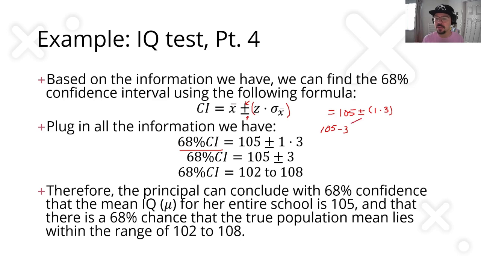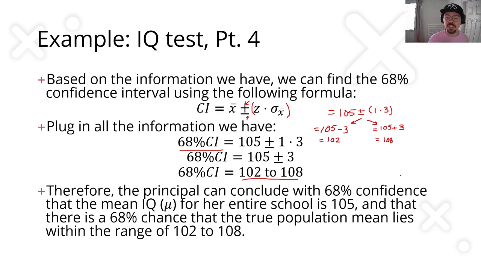And then on the other side, we're going to do 105 plus 3. So 105 minus 3 is 102. 105 plus 3 is 108. So this that I've written out here, 102 and 108, that's our window. Okay, that is the window that we're working with.